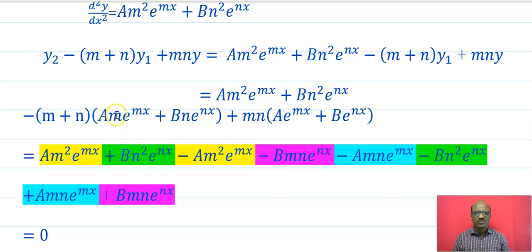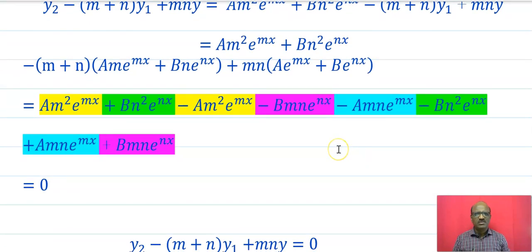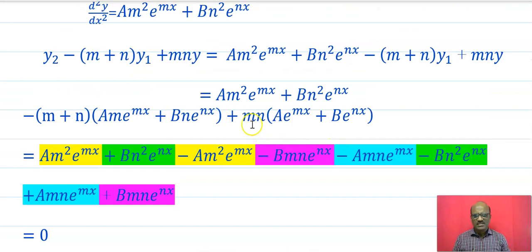Next is n into a m e raised to mx, that is minus a mn e raised to mx, and then minus b n square e raised to nx. And lastly mn into y, that is mn into a e raised to mx plus mn into b e raised to nx.